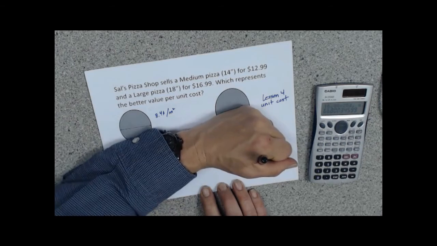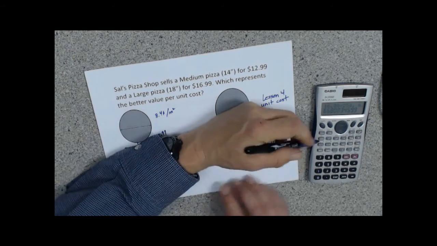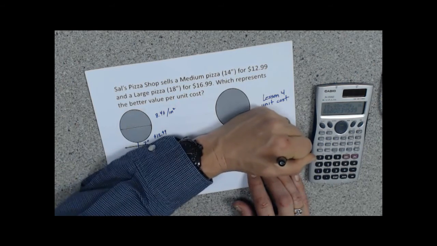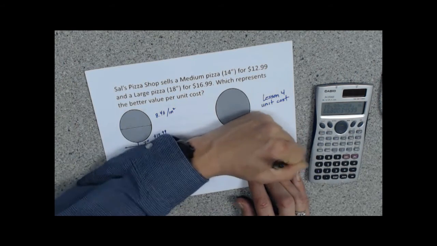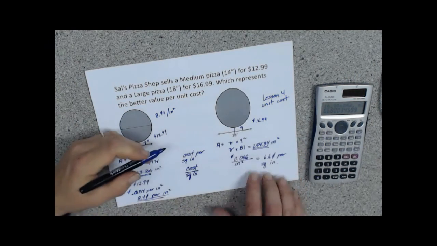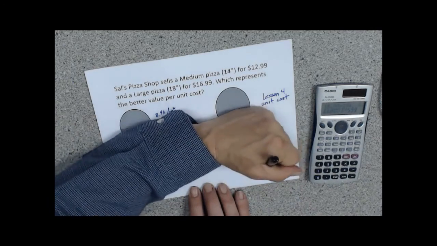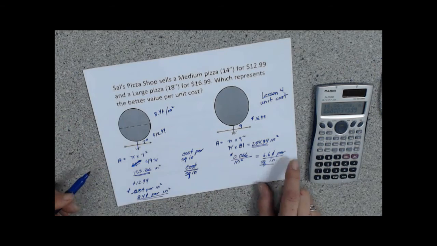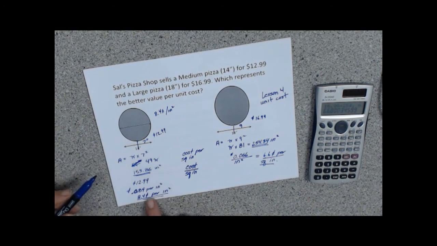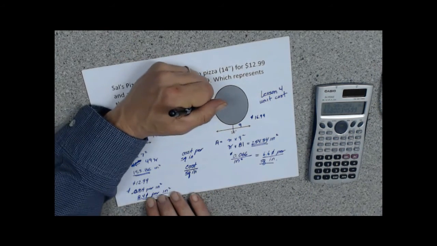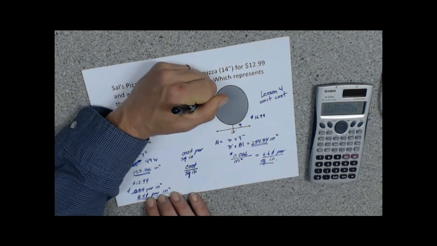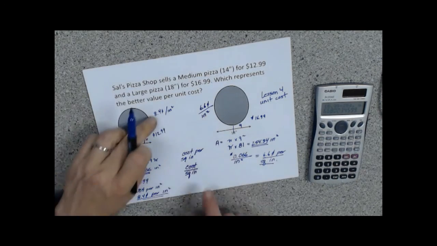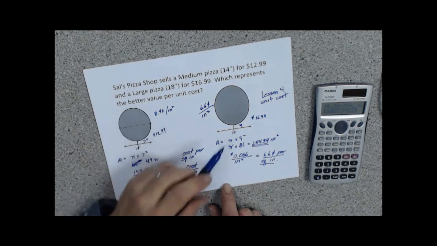Which in this case would be 6.6 cents per square inch. This pizza at 6.6 cents per square inch is less expensive than this pizza at 8.4 cents per square inch. So 6.6 cents per square inch versus 8.4 cents per square inch.